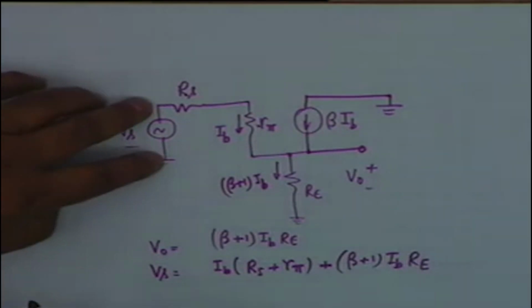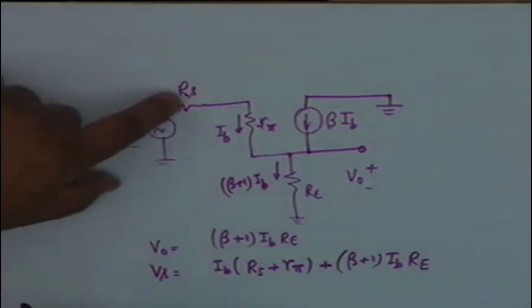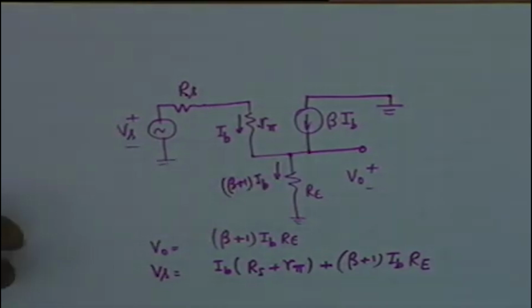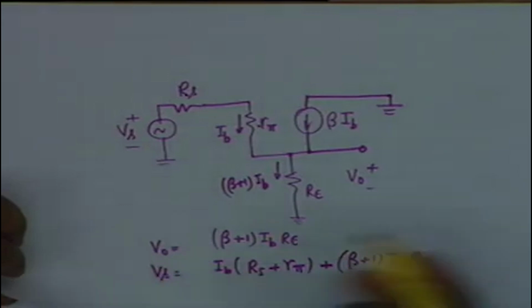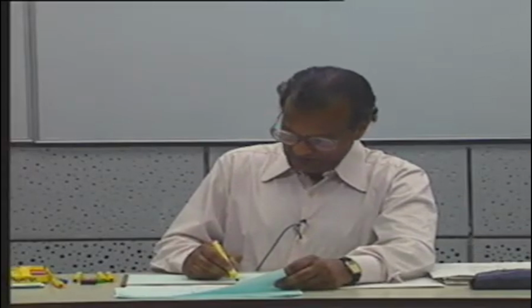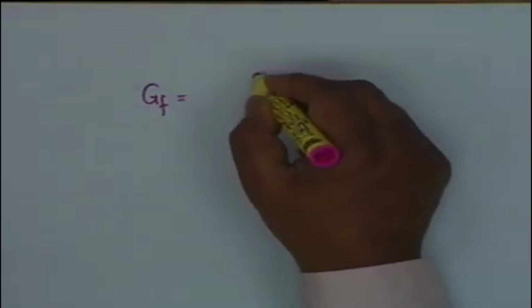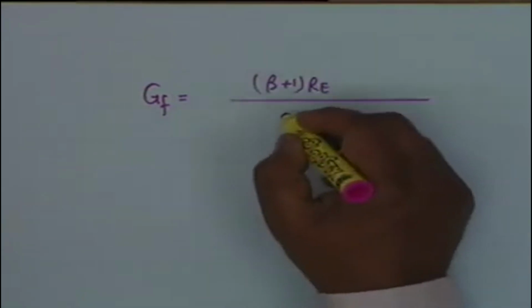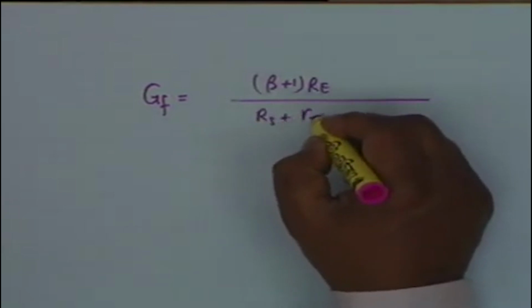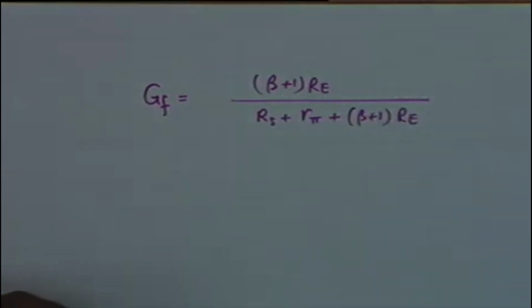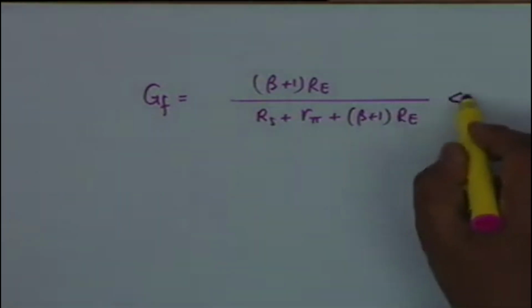By KVL, this voltage is equal to drop in Rs, drop in R pi, and then drop in Re, the sum of the three. And therefore, the gain is simply the ratio of the two, V0 by Vs, from which IB shall cancel, and therefore the gain GF, which is feedback gain, is now equal to beta plus 1 Re divided by Rs plus R pi plus beta plus 1 Re, which obviously is less than 1.